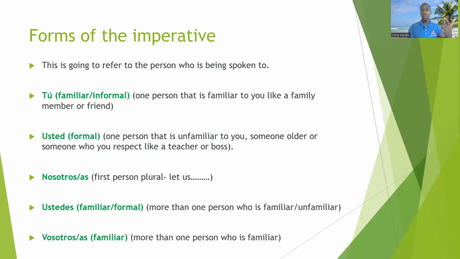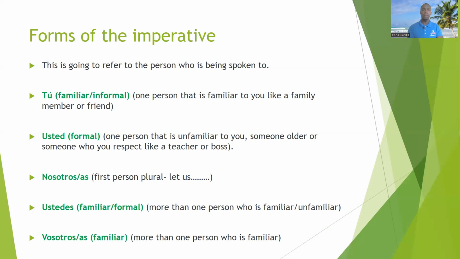When we're talking to someone, or we're addressing someone that we know very well, we would use the tú form of the verb, right? And of course, I'm going to show you how to conjugate the verbs to cater to the person that is being addressed, all right? But the tú refers to someone that you know very well, and that's one person.